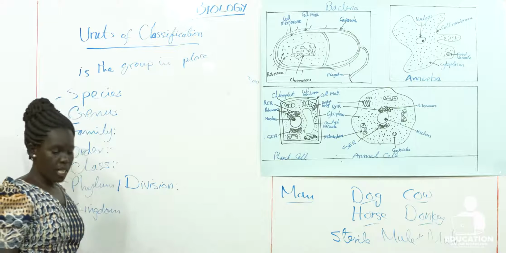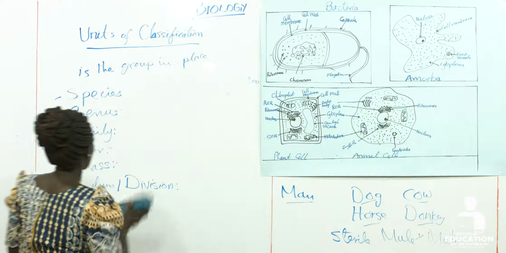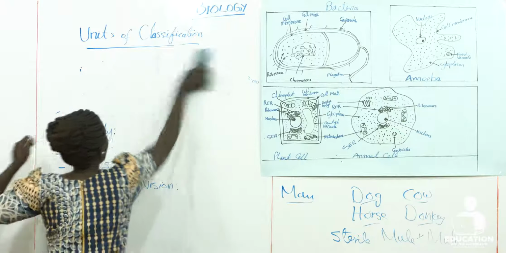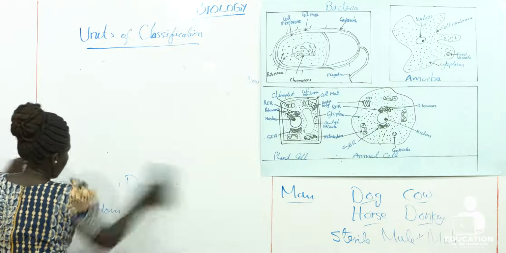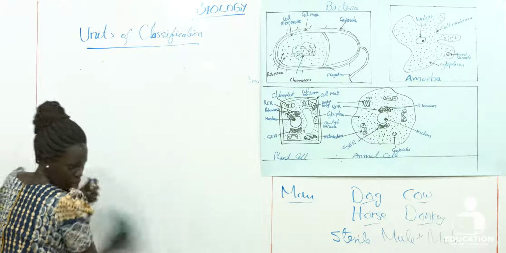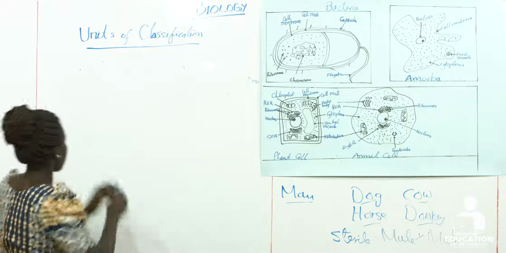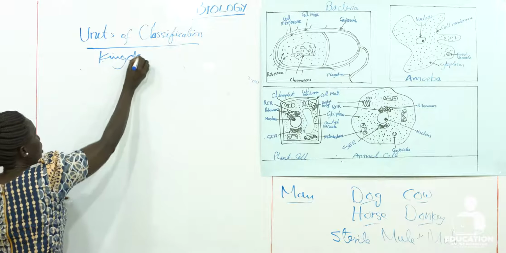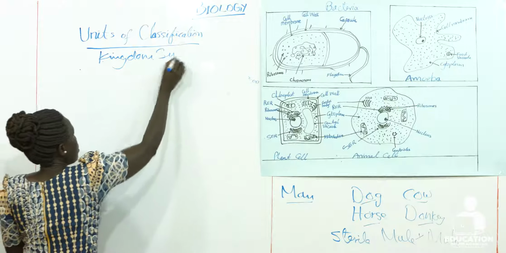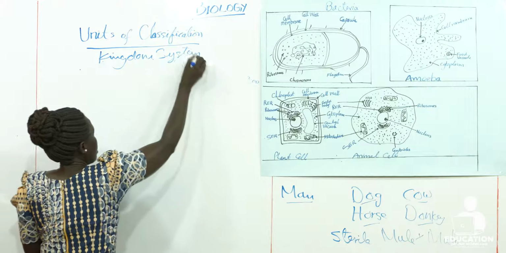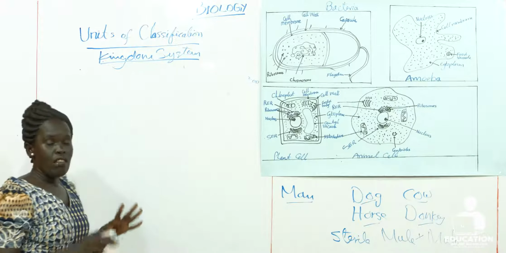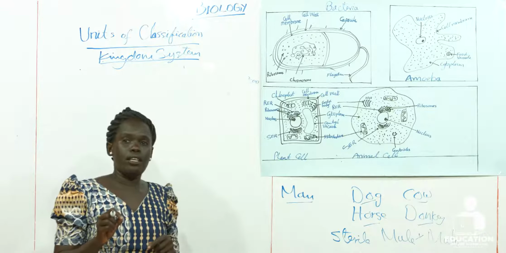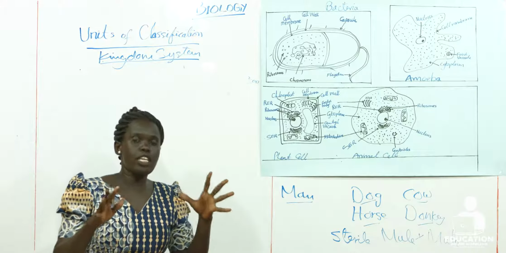Let's come to see the kingdom system. The largest group, which is kingdom system. All living organisms were mainly divided into two kingdoms.